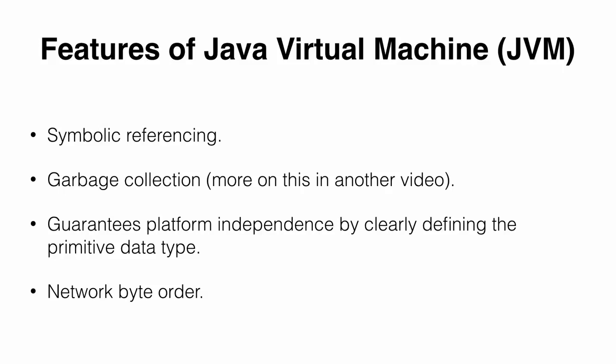So again, if you want to jump more into this, leave me a question in the comments and I'll do my best to reply. However, the JVM does run based on a stack, and we're going to get into what exactly the stack and heap are in potentially the next video.